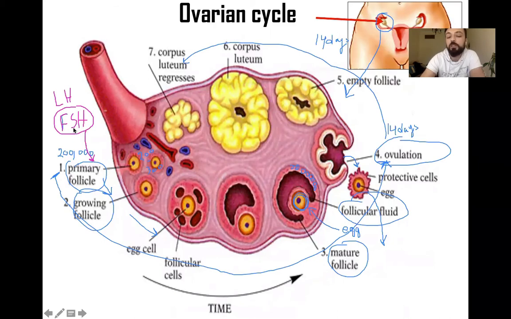That's why we name this hormone follicle stimulating hormone. This hormone heads from the pituitary gland in the brain all the way down to the ovary to stimulate the follicles in the ovary to start what? The follicular cycle. Very good, to start maturing, to start growing the follicles.